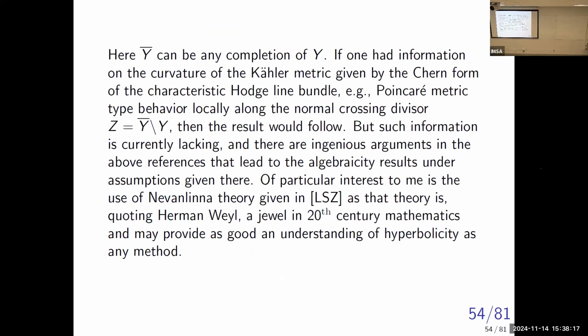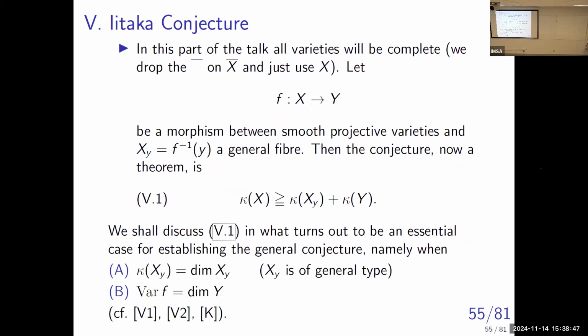And if you take any completion of Y, your parameter space for your family of Hodge structures, if you had information on the Kähler metric given by the Chern form of that characteristic Hodge line bundle, the tensor product of the determinants of the F^p's, then the result would follow. And I just give a reference to some of the literature about this, in particular the use of Nevanlinna theory, which those of you who know it will recognize the statement.